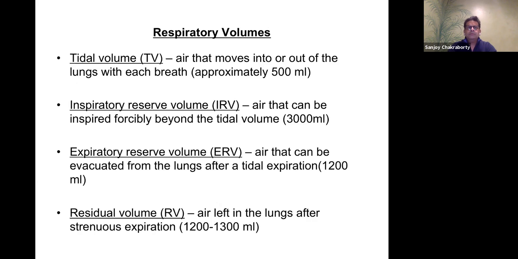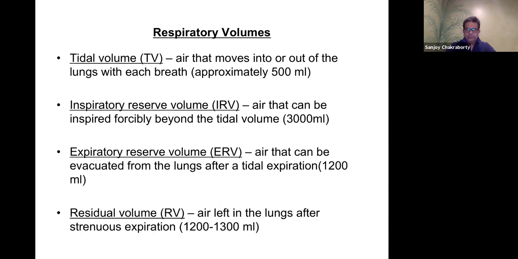So respiratory volumes, this is the part you have to practice a little bit later on, and you have to write down those things later on. These are different amounts of volume. Some of them are clinically used. What does that mean?